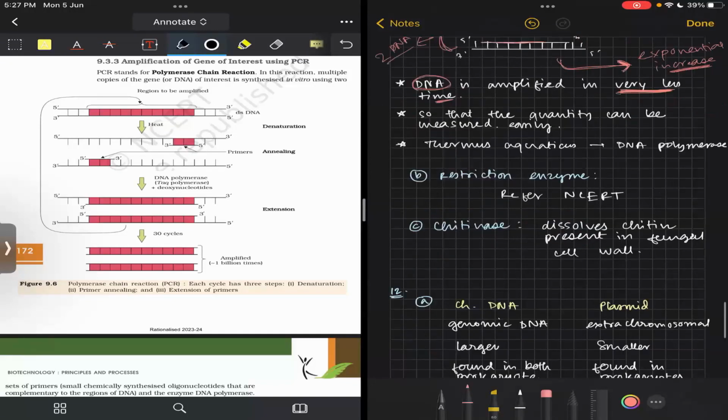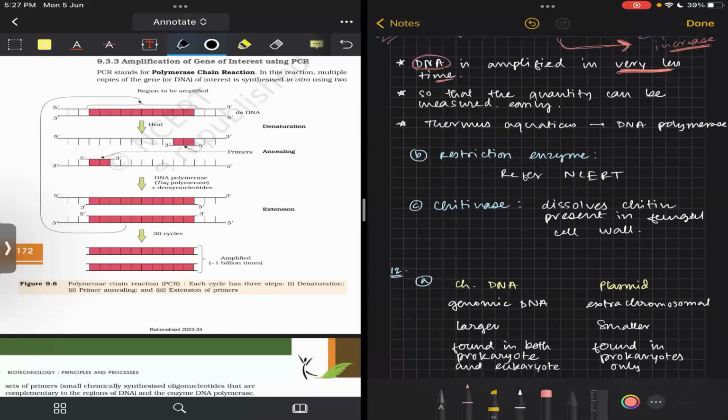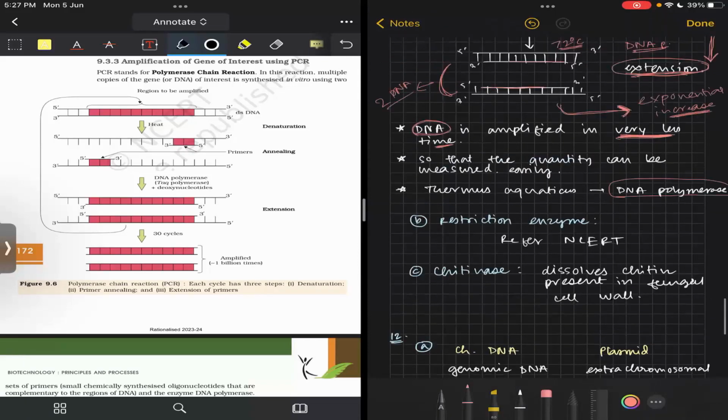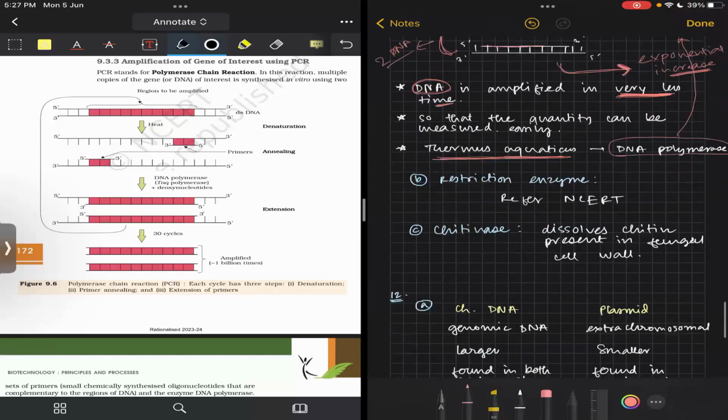And the DNA polymerase that we use in this PCR, we extract it from a bacteria, Thermus aquaticus. This DNA polymerase can act at high temperatures. So we use this one.